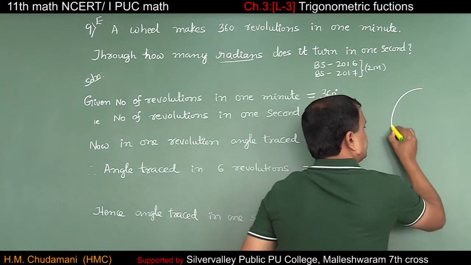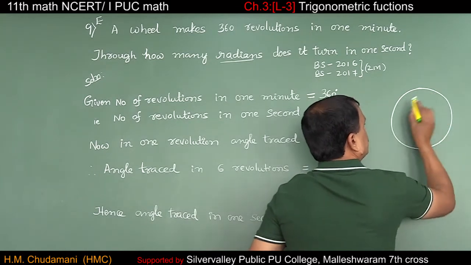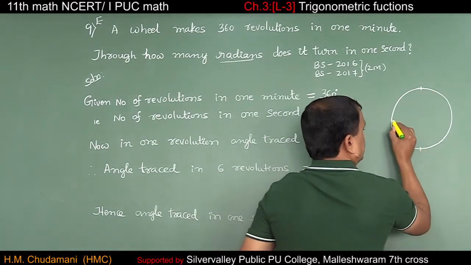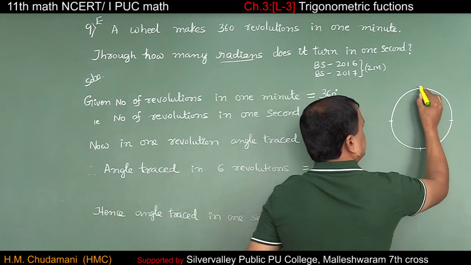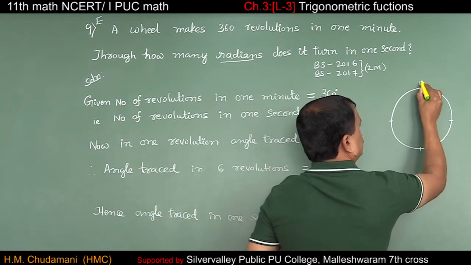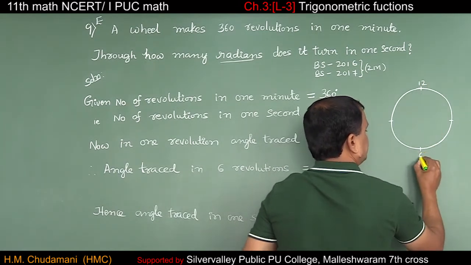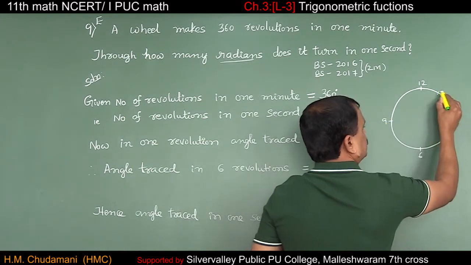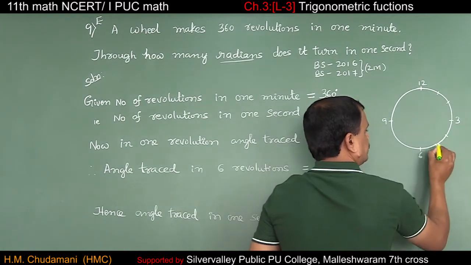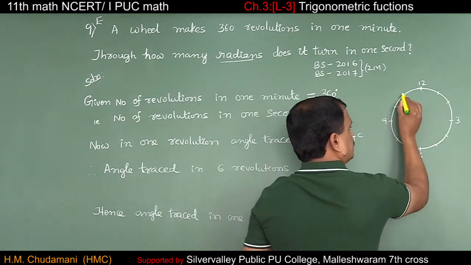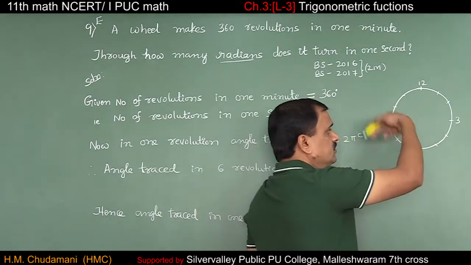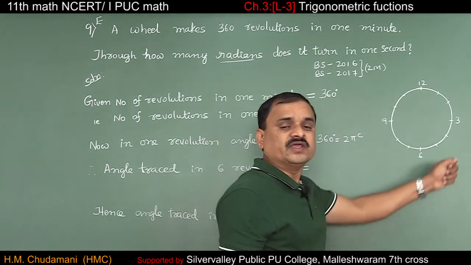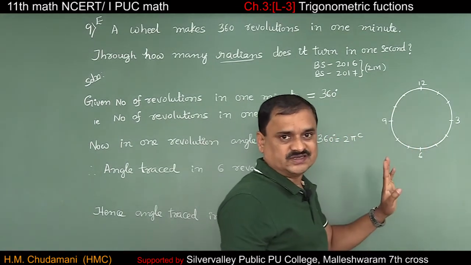Look at this. So there are 12 divisions. Say this is 12, 6, 3, 9. So totally in a circle, one complete round means 360 degree.